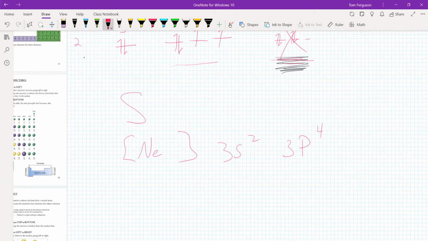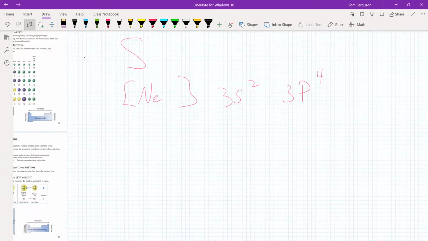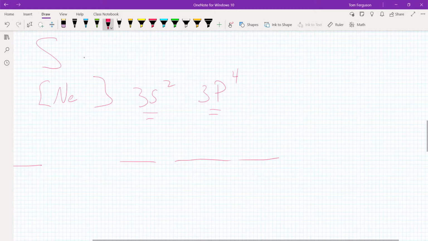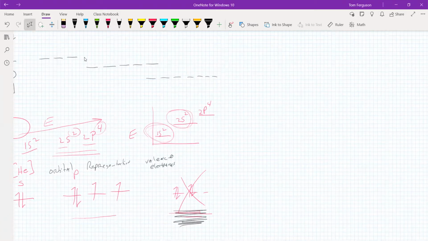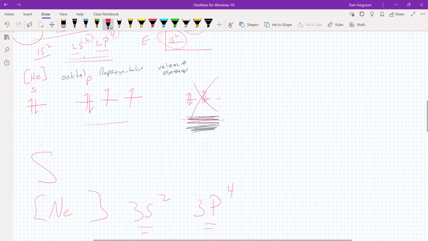Okay, so let's look at the orbital representation now. So we're going to have S's and P's. S is one set of orbitals, P's are 3. So we have 6 total electrons. We fill the S's first because they're more stable. Remember the diagram I did, the S's are lower energy than the P's. So that means they fill first.